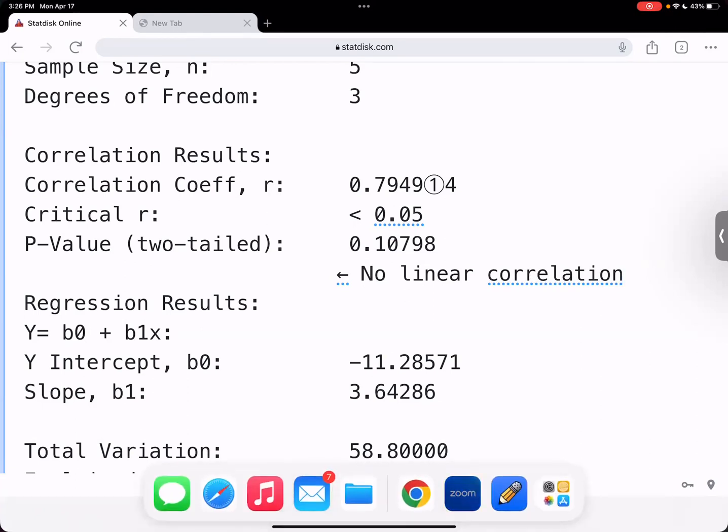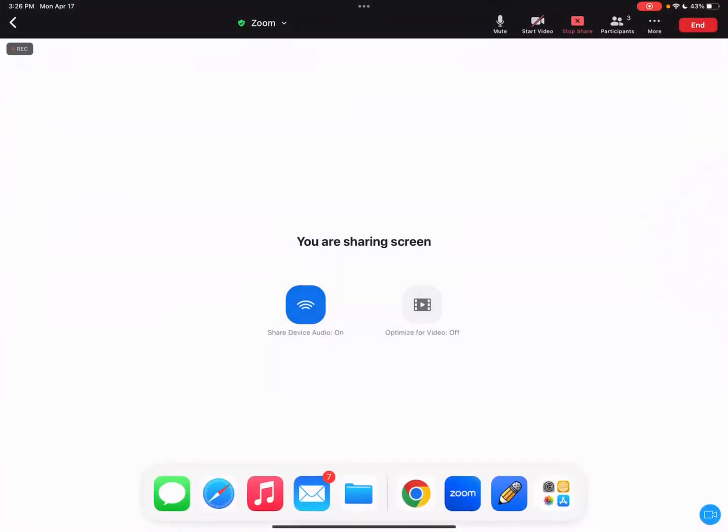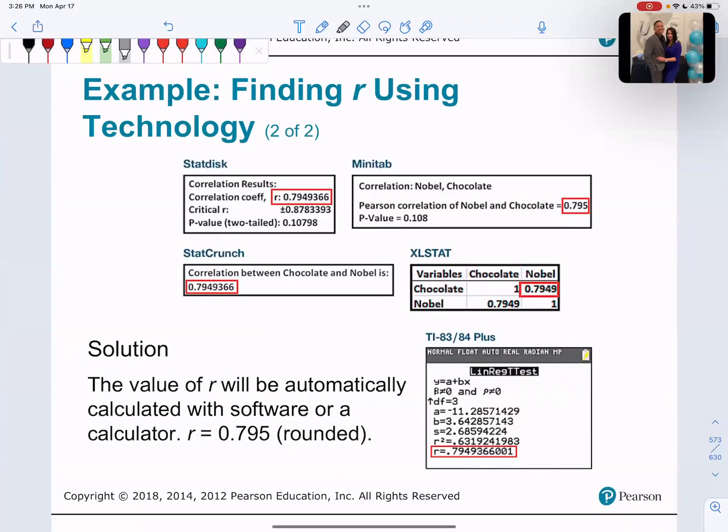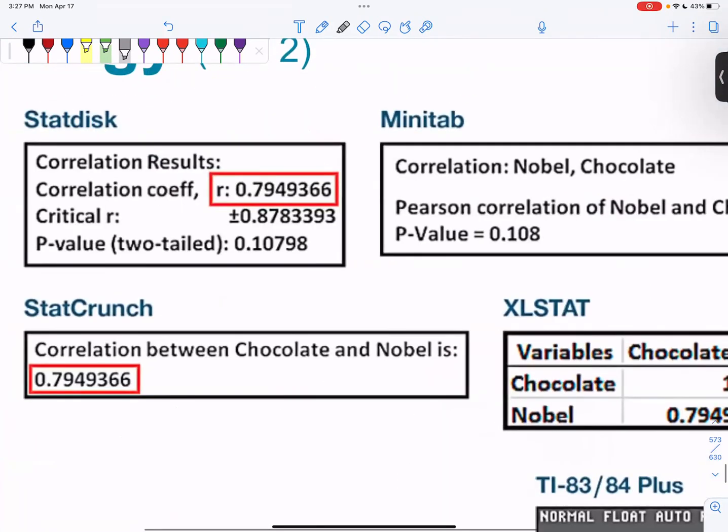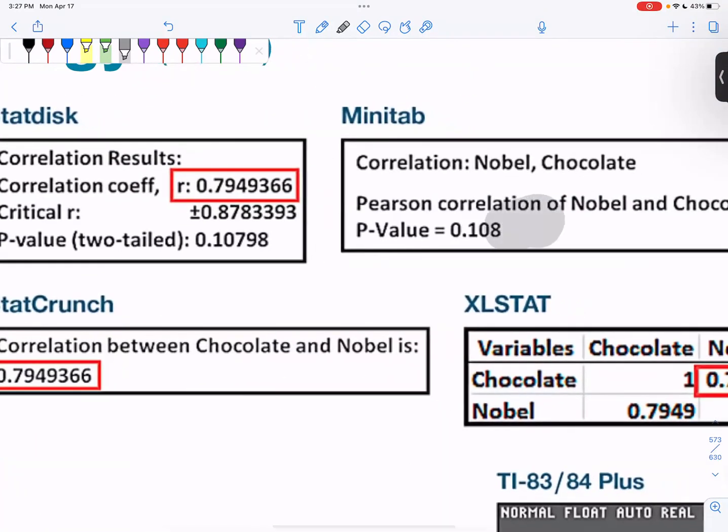So let's go back here. This is the value of correlation, and the p-value equal to this one is greater than 0.05.